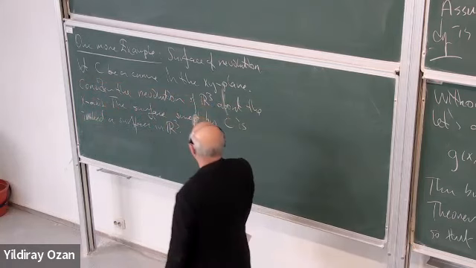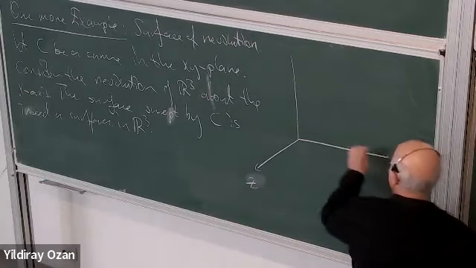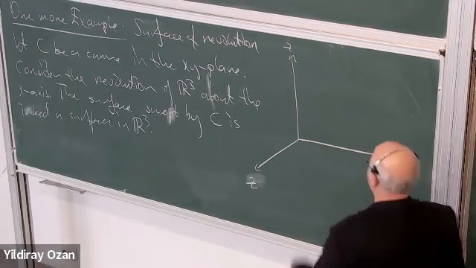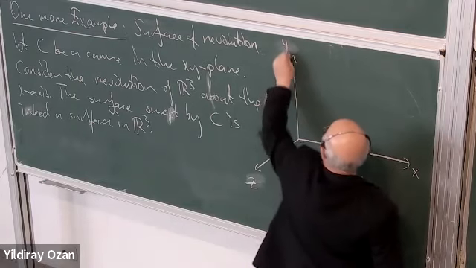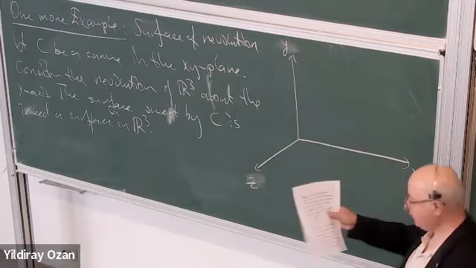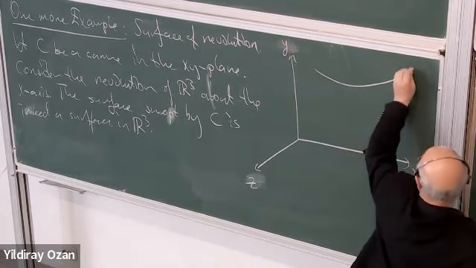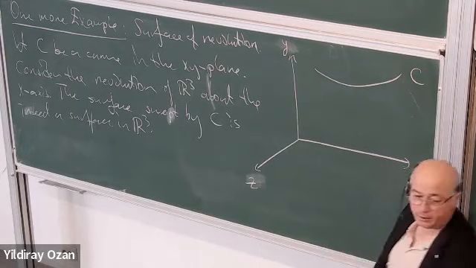So what we mean is this. Let me draw the plane like this. Sorry, this is the z-axis, x and y. I take a curve in the xy plane. So let's say this is our curve C, in the xy plane.